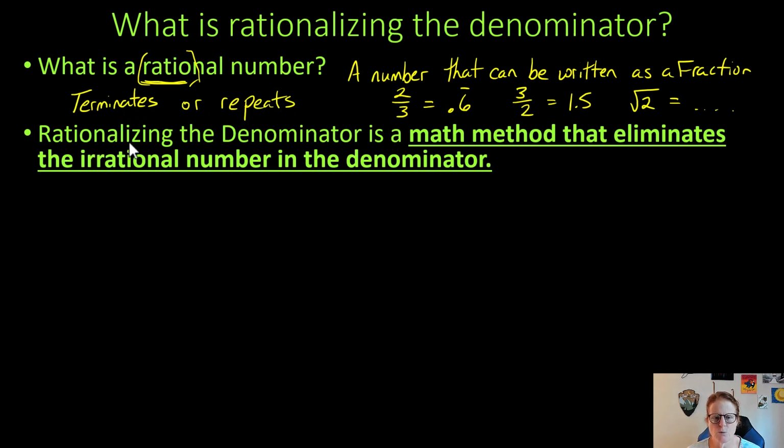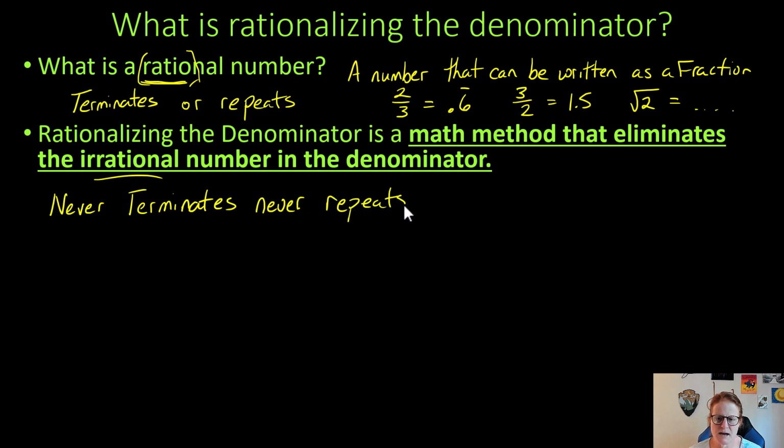Rationalizing the denominator is a math method that eliminates the irrational number in the denominator. An irrational number never terminates and never repeats. A famous one that we use almost all the time is pi.